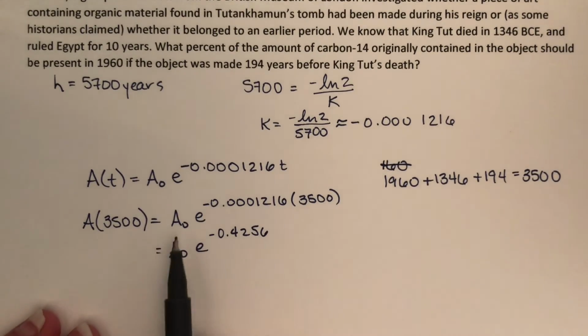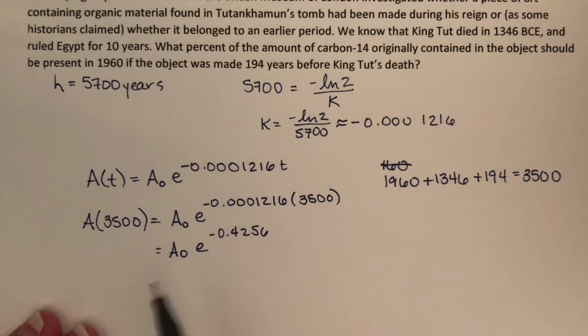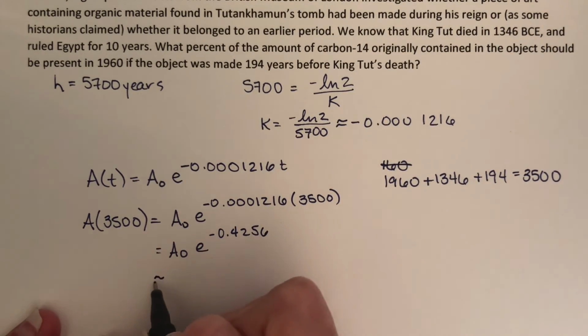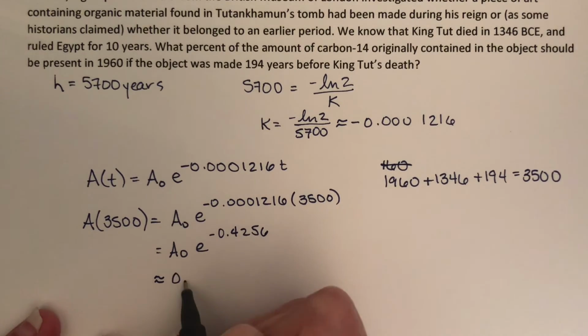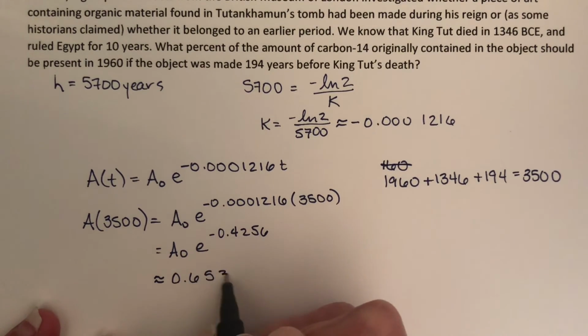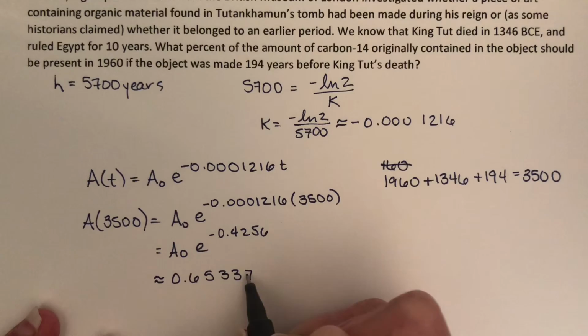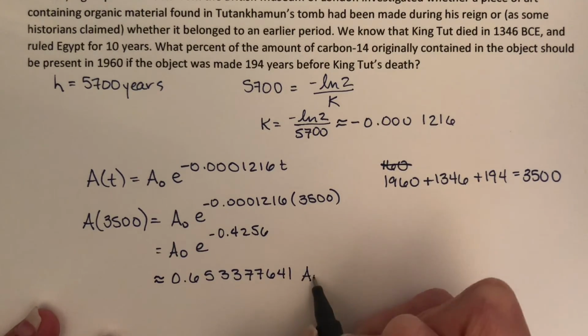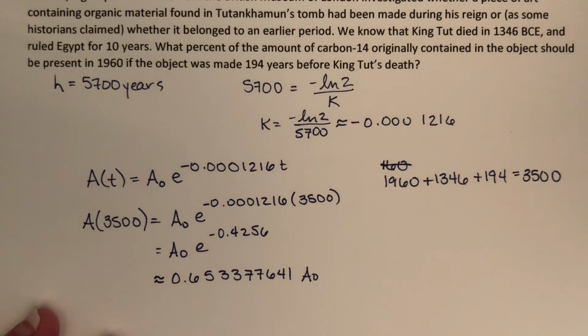Now, it may be bothering you that we don't know what A naught is, but that actually doesn't matter because we're trying to figure out the percentage of our original that we have left. So it doesn't really matter what the initial point is. We're looking for the percent. So get a decimal approximation for this, and you get this.